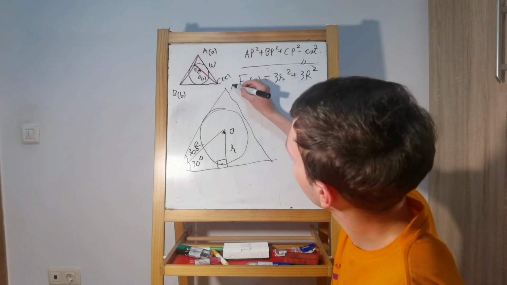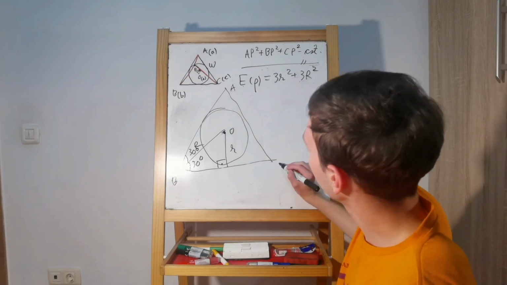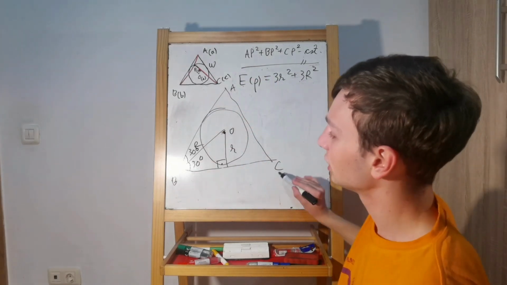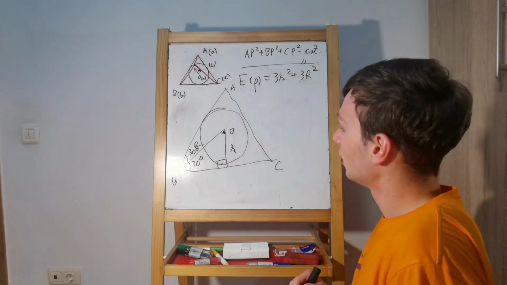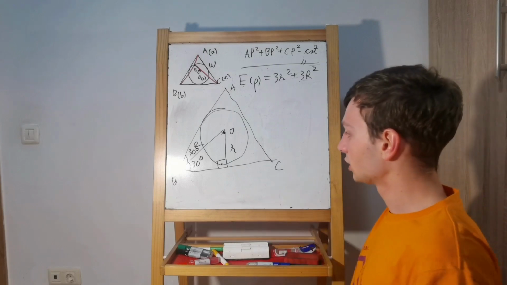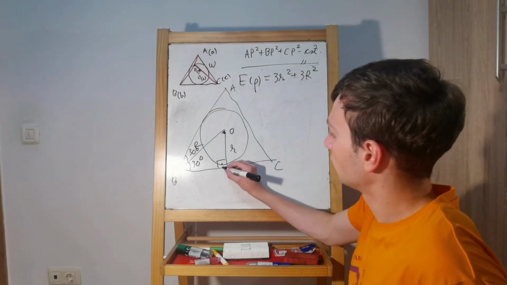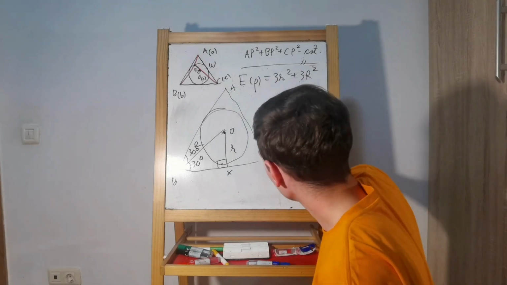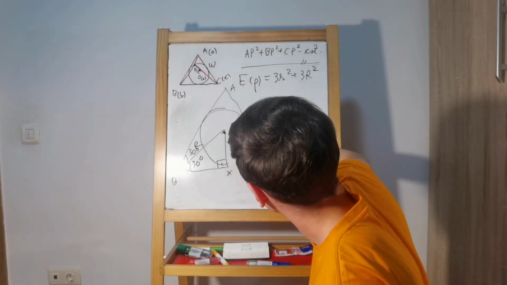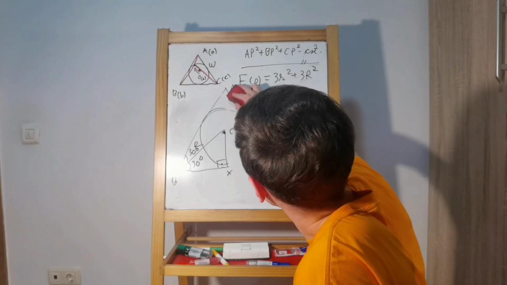And in the triangle ABC, we know that because ABC is equilateral, the angle B is 60 degrees. Now, if we just get rid of everything, let me just call this point X for no apparent reason, just so we have something to call it.